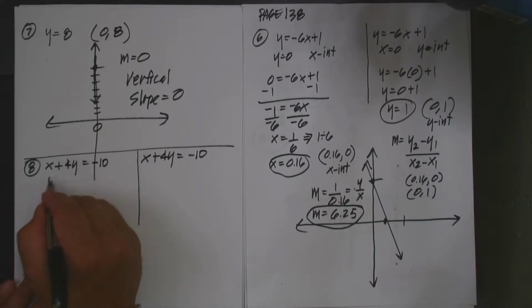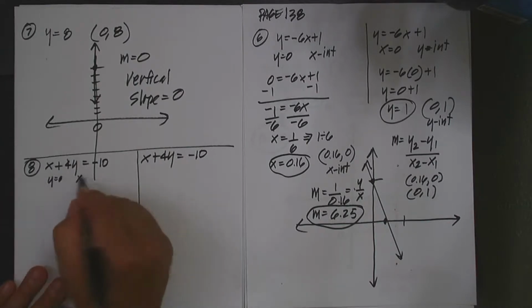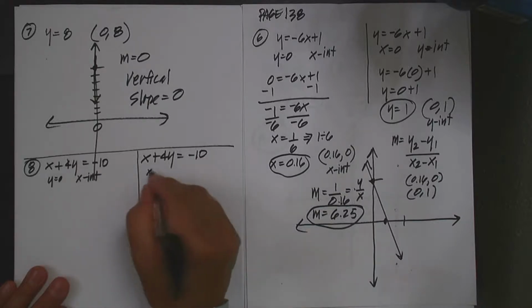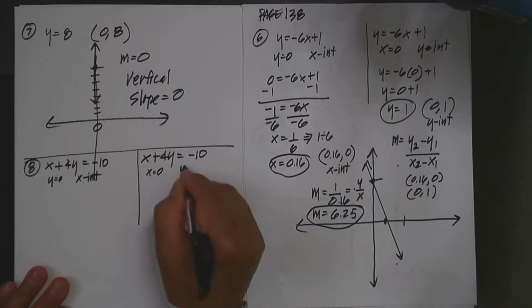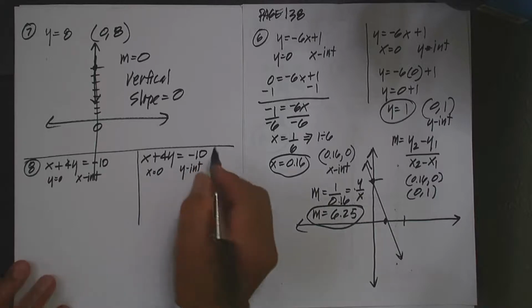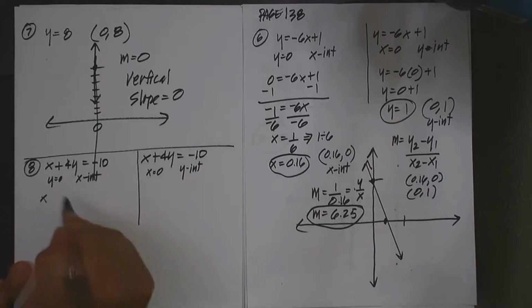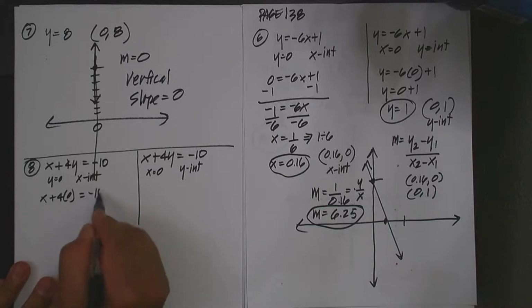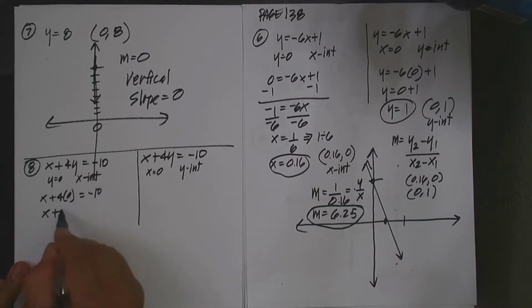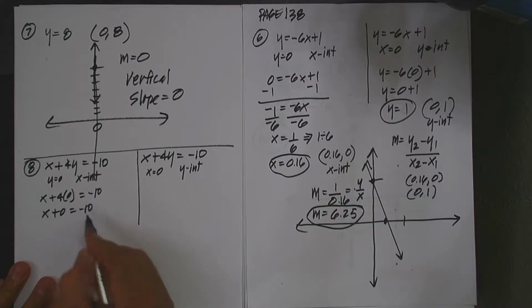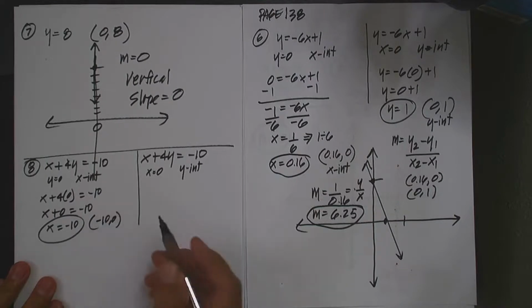Your y is equals to 0 so that you can find your x intercept. Your x is equals to 0 so you can find your y intercept. So you have x plus 4 times 0 is equals to negative 10. So x plus 0 is equals to negative 10. Therefore your x is equals to negative 10. Coordinate here is negative 10 and 0.